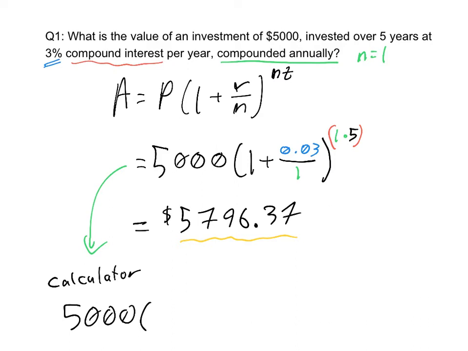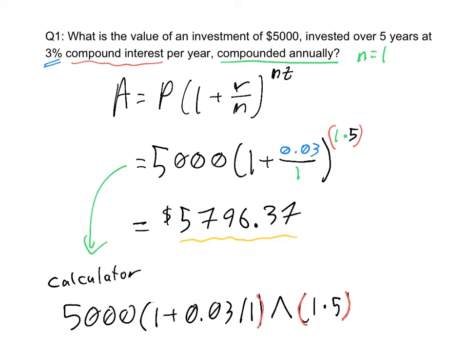5,000 times (1 plus 0.03 over 1) raised to the power of (1 times 5). Important things to note here. These brackets are critical to tell it that it's raising 1 times 5 to the exponent and not just the 1.